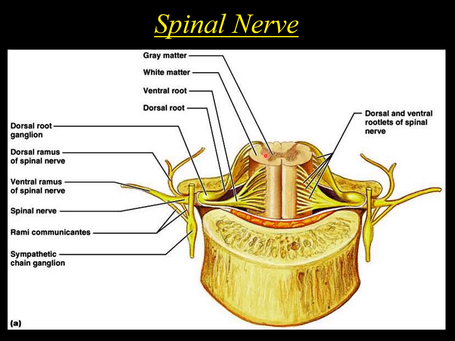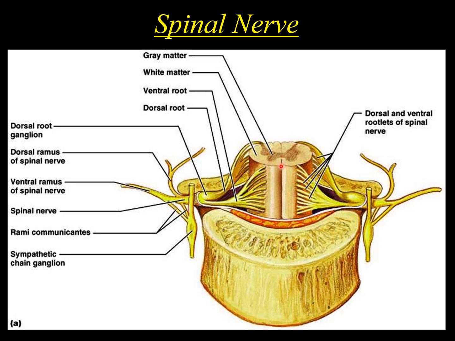When we know the position of the body, this is the vertebral body, and on the other side we have the spine. So the vertebral body lies anterior. This portion of the spinal cord will be the anterior portion, and this portion will be the posterior.